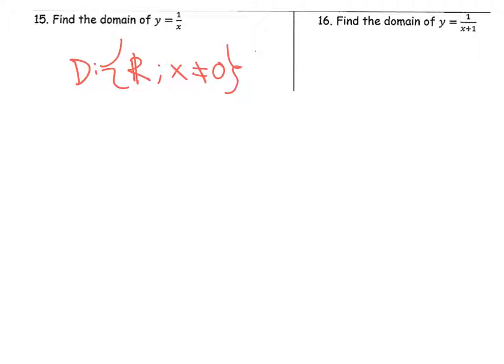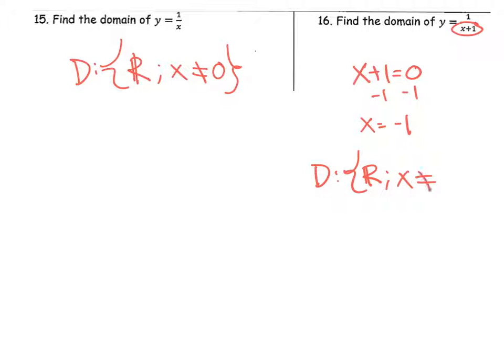So one way that we can figure out what would make the denominator 0 is we set it equal to 0, and then we solve for x. So now for the domain, it's all real numbers except x cannot equal -1.